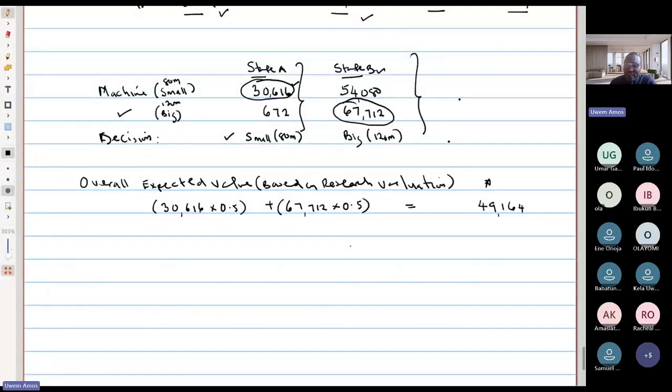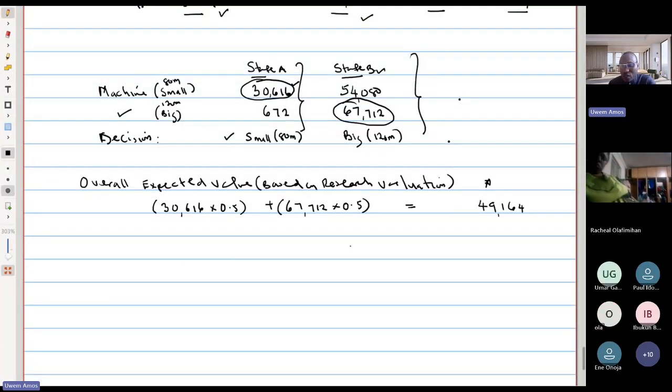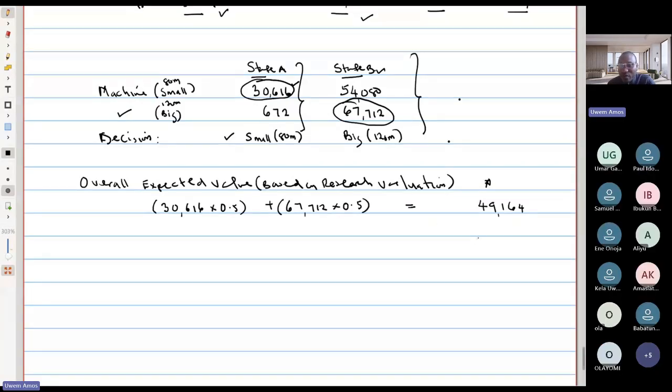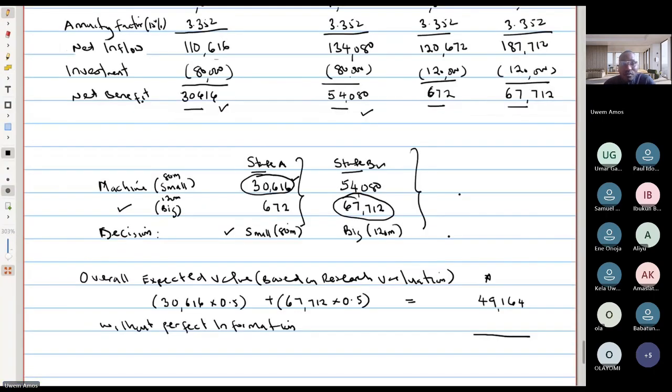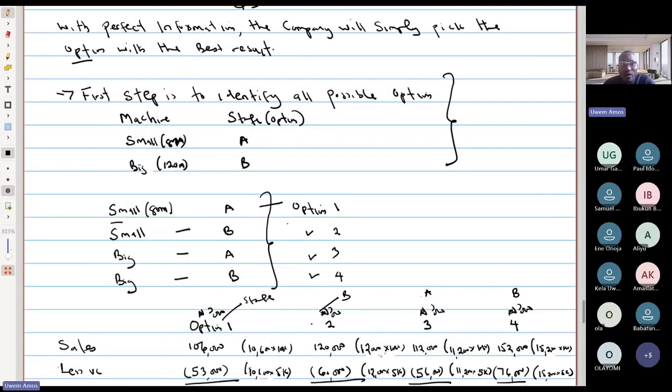Let's see what the difference is, because if I'm going to pay for any information, it should not be more than the extra benefit that we get from those details. So without perfect information, we calculated it before, and we had a value of 42,348.